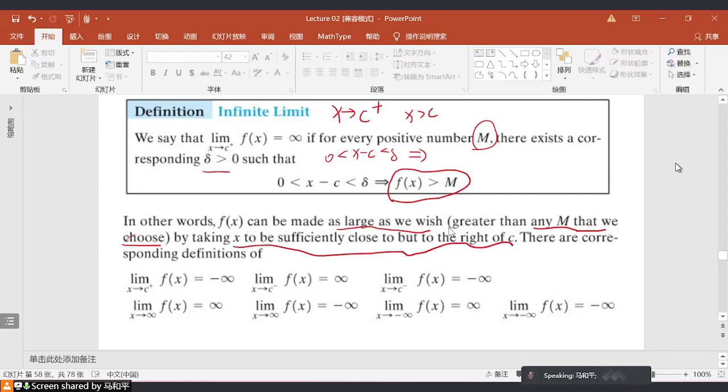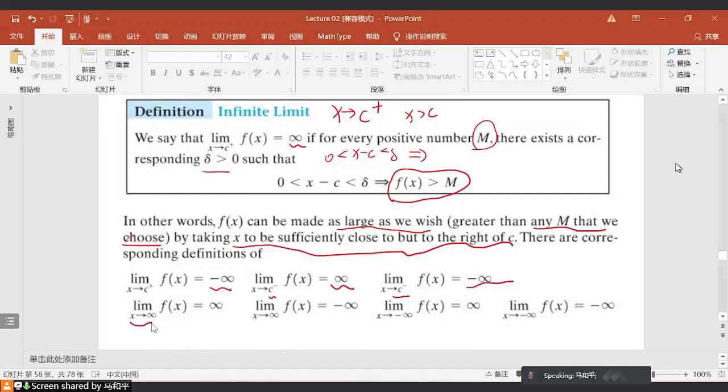Here are the corresponding definitions. Here this means positive infinity. And that's negative infinity from c from the left. Infinity, opposite, c from the left. Negative infinity.